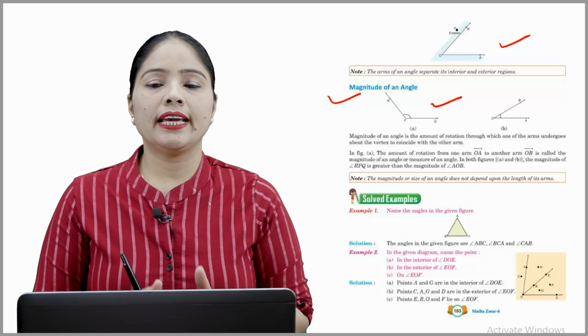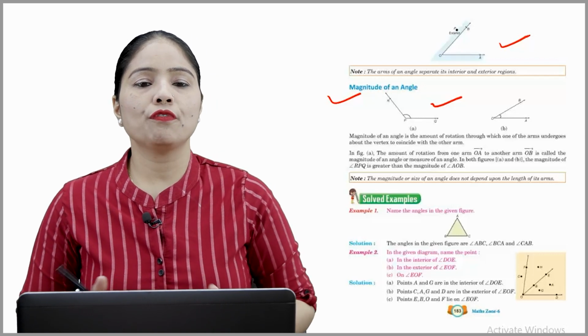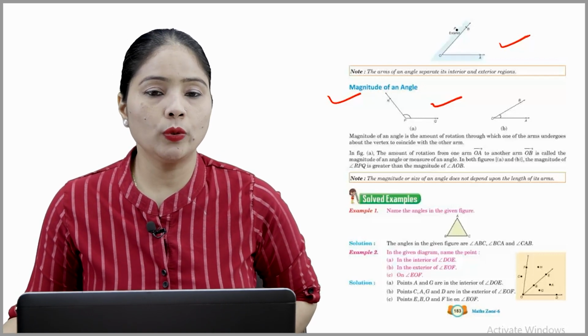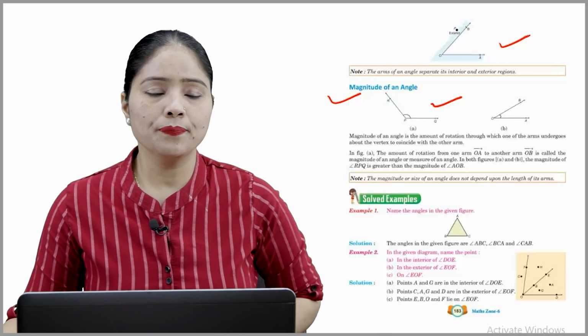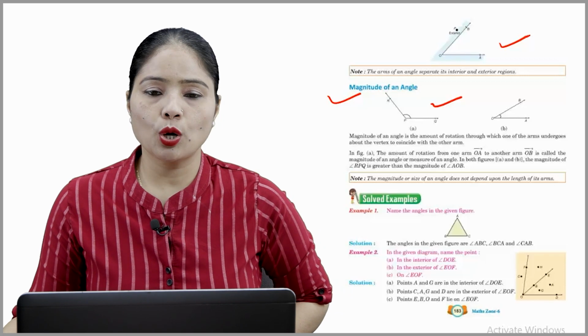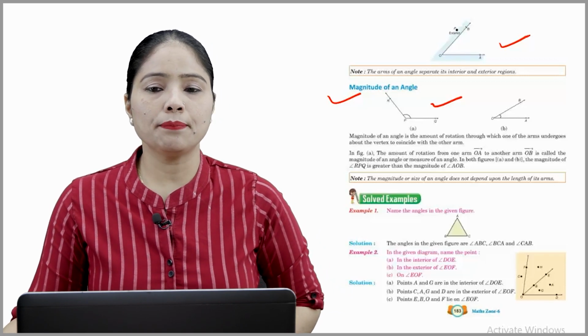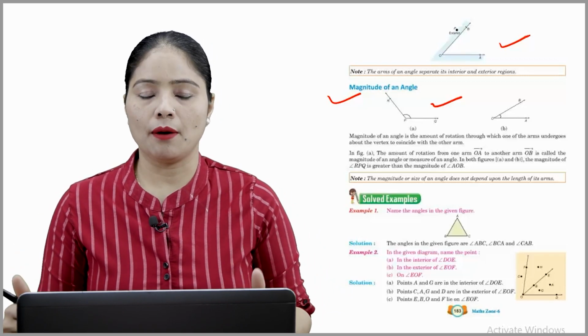In both figure A and B, the magnitude of angle RPQ is greater than the magnitude of angle AOB. Okay? Note beta, the magnitude or size of an angle doesn't depend upon the length of its arms.